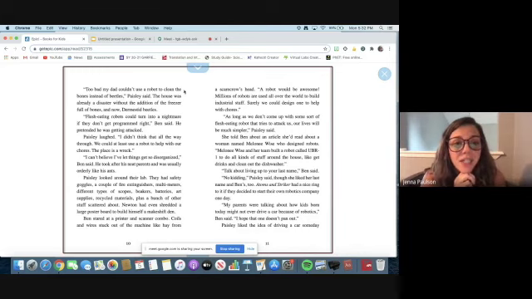Too bad my dad couldn't use a robot to clean the bones instead of beetles, Paisley said. The house was already a disaster without the addition of the freezer full of bones, and now dermestid beetles. Flesh-eating robots could turn into a nightmare if they don't get programmed right, Ben said.